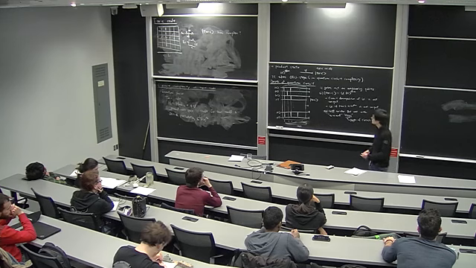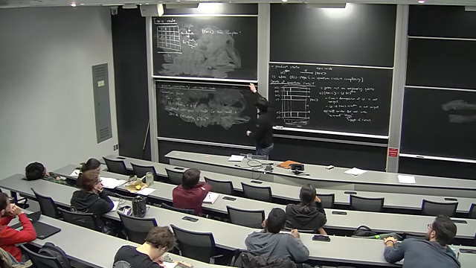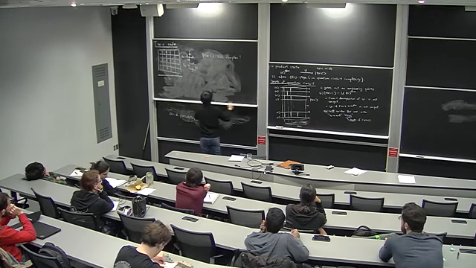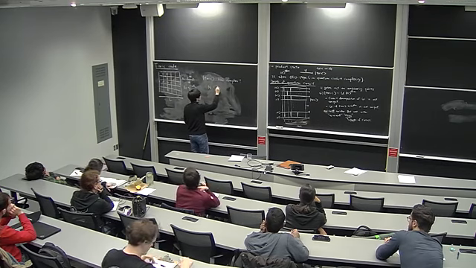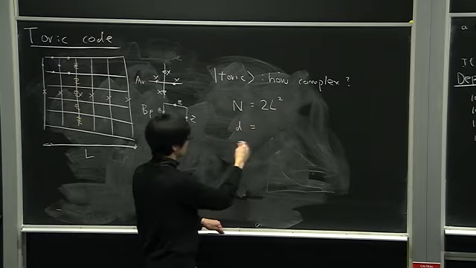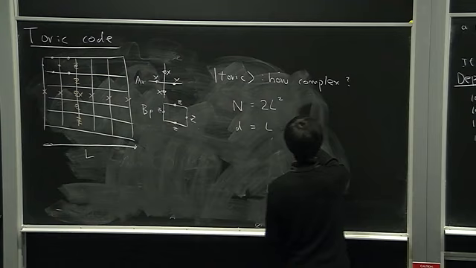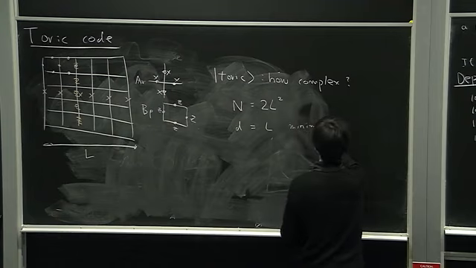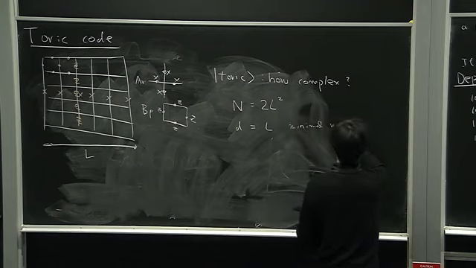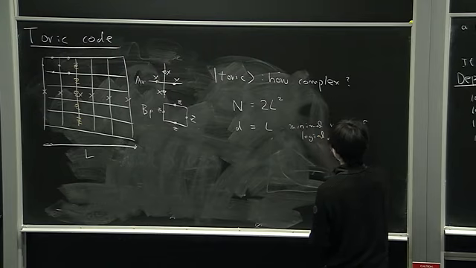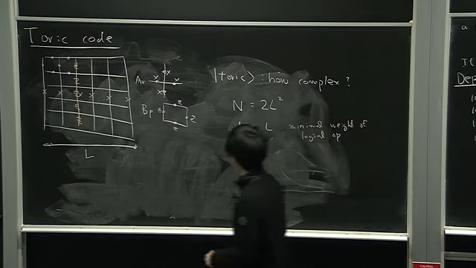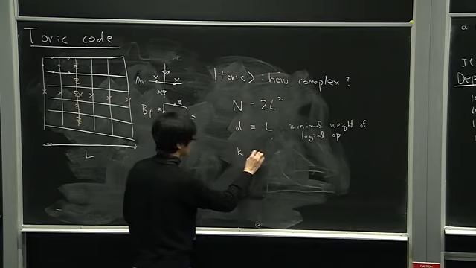Right. So in the toric code, in this particular construction, the total number of qubits is this, and then the code distance, which is the minimal weight, is L, and k equals 2.